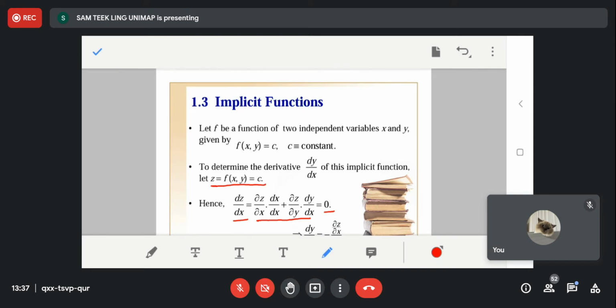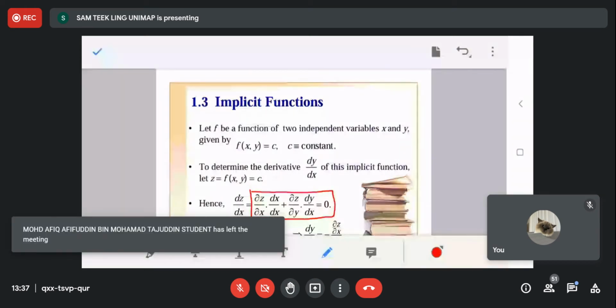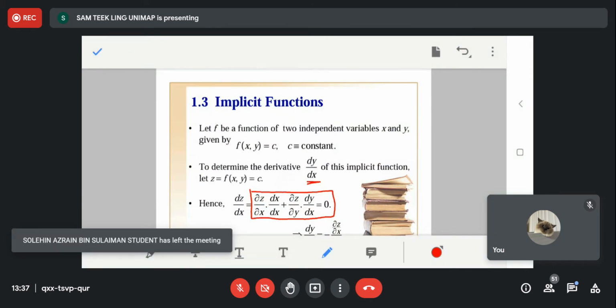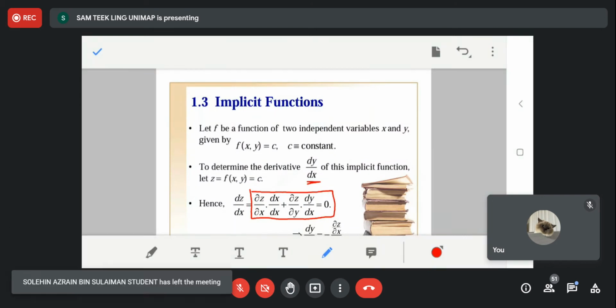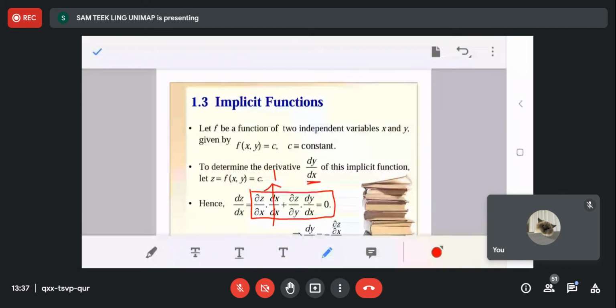After this, we rearrange this part. After we get this equation, we rearrange it. We want to find dy/dx. This one, dx/dx, you will get 1.